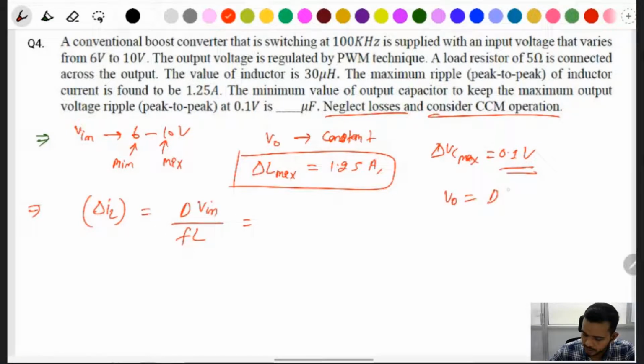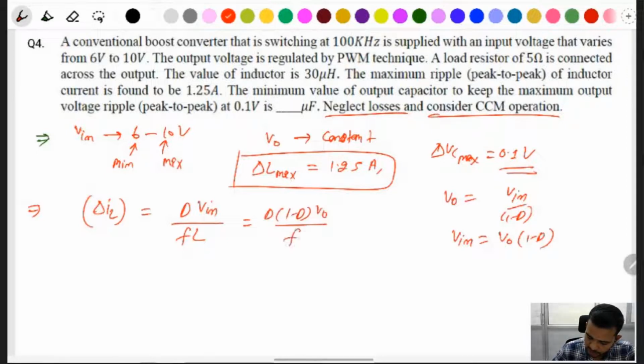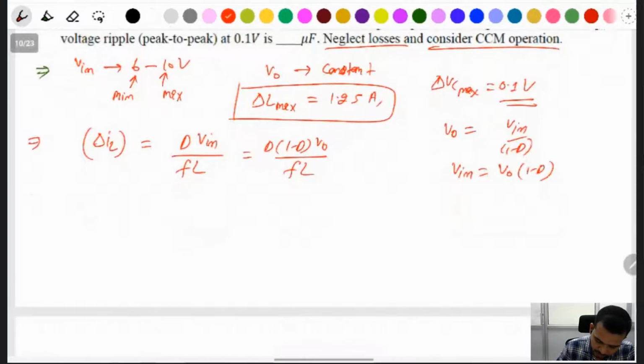In the boost converter, V naught is equal to V in divided by 1 minus D. Then you replace V in by V naught into 1 minus D, and V naught is constant, so delta IL is D into 1 minus D V naught divided by FL.